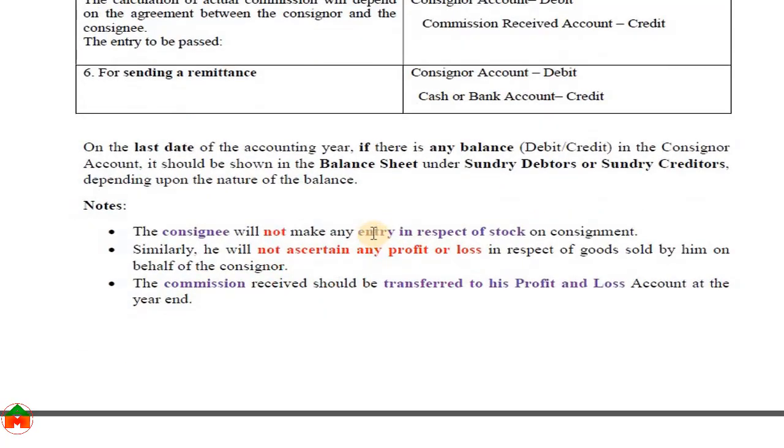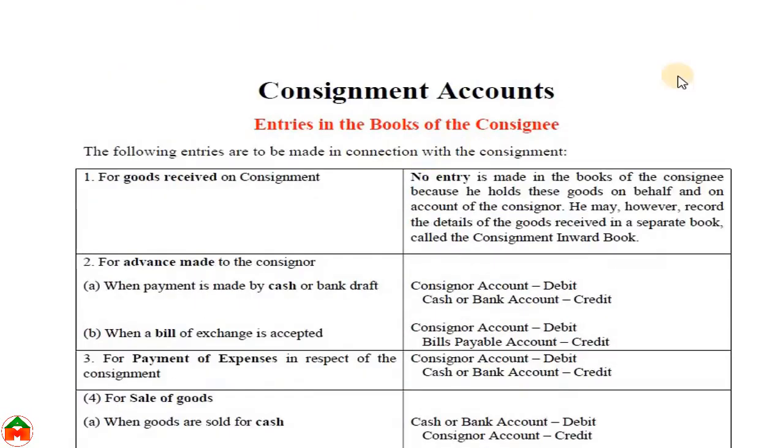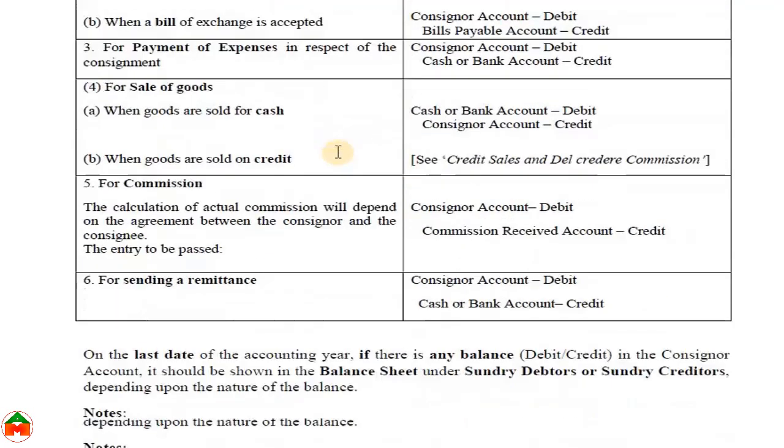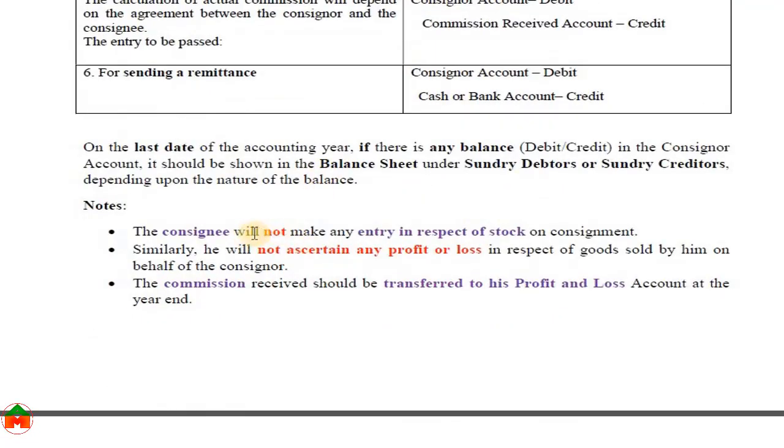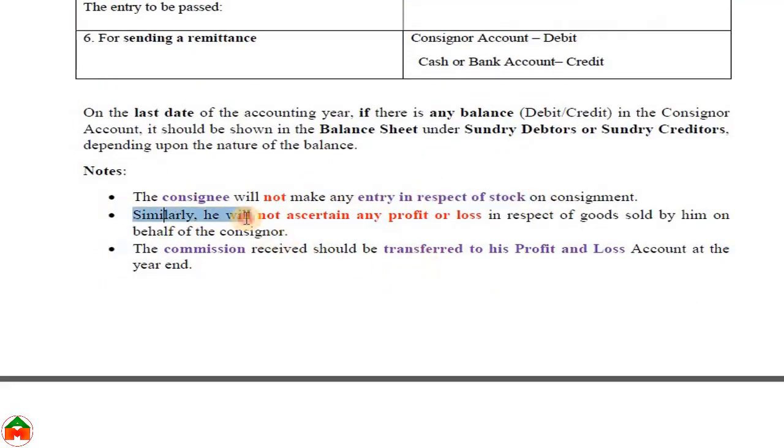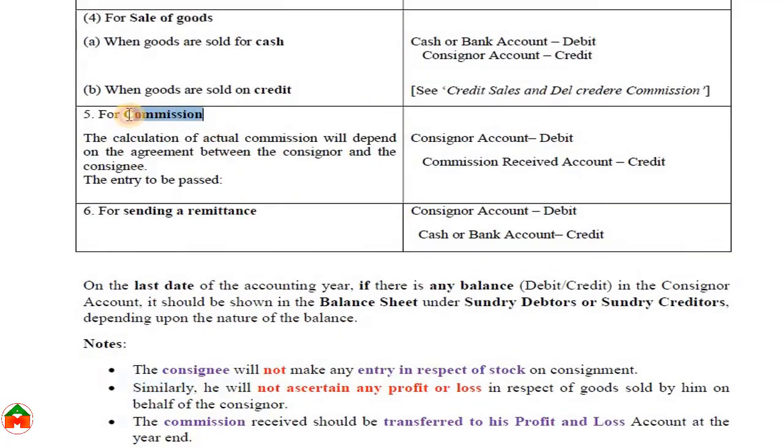We can see the last date of the accounting year, if there is any balance, debit or credit balance, it should be shown in the balance sheet under the name of sundry debtors or accounts receivable or sundry creditors or accounts payable. In the book of consignee, the consignee does not make any entry for the closing stock, and the consignee doesn't need to ascertain any profit and loss because he is just receiving the commission as an agent.